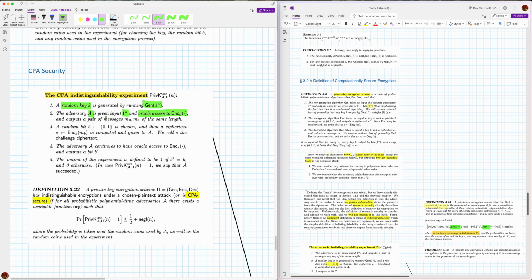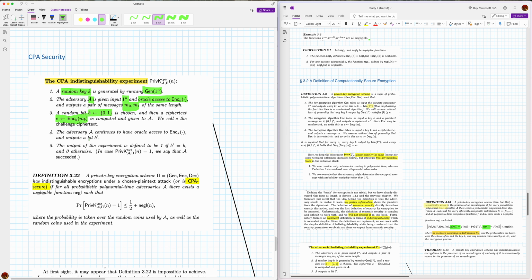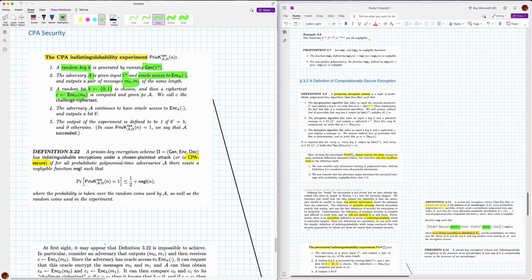Given this, the adversary is supposed to produce messages M0, M1 and send them to the challenger. The challenger samples a random bit b and encrypts the bth message to obtain the ciphertext C, and gives it back to the adversary. We call C the challenge ciphertext, the one we want decrypted.